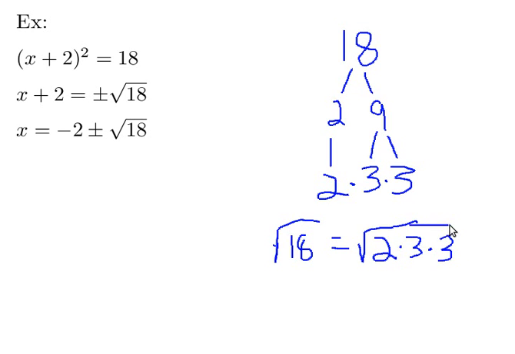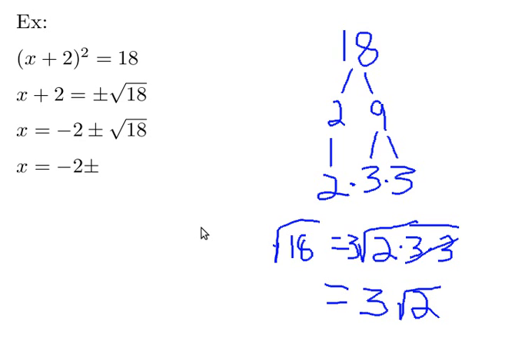I may be out of my league trying to write all this way, so that means we can cross out a pair of 3's and put it out front, so it's equal to 3 root 2. So we can simplify this right here as x equals negative 2 plus or minus 3 square root of 2.